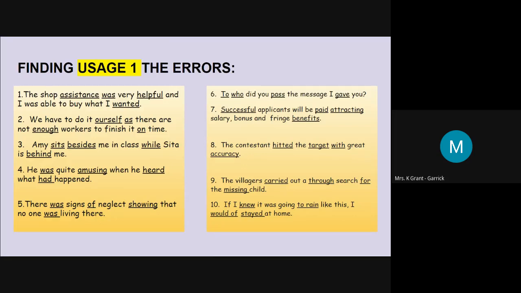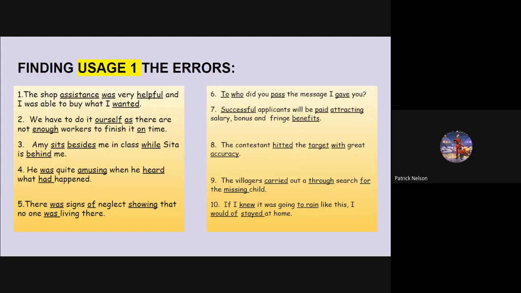Notice the first item. The shop assistance was very helpful and I was able to buy what I wanted. Which one of the underlined words is incorrect? First, second, third, or fourth? What says you? The shop assistance was very helpful and I was able to buy what I wanted.